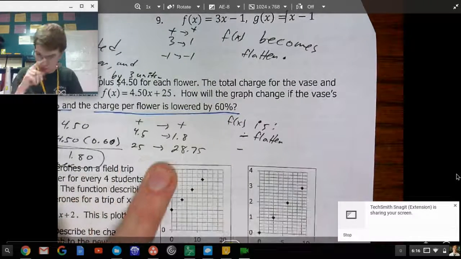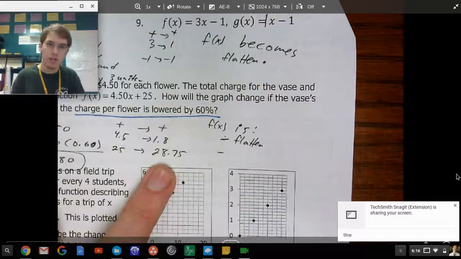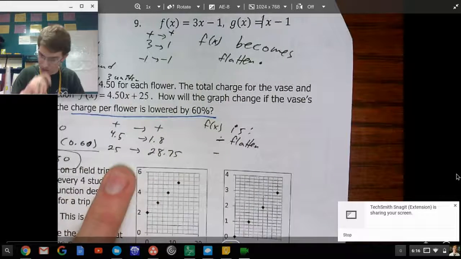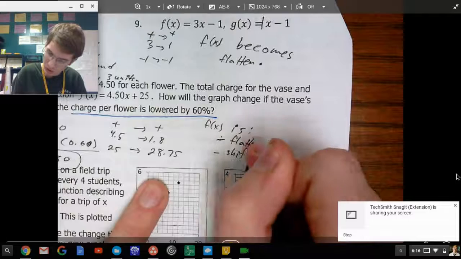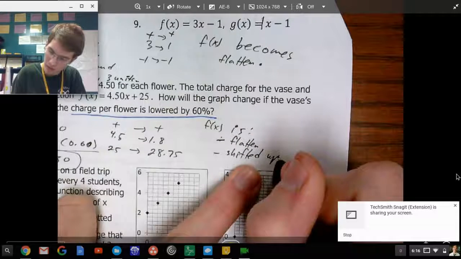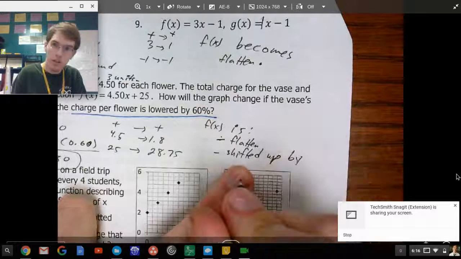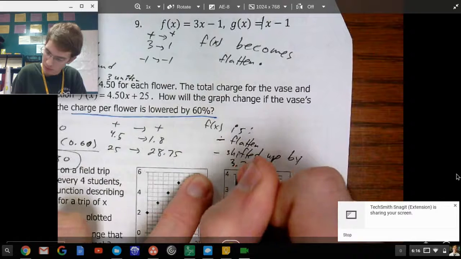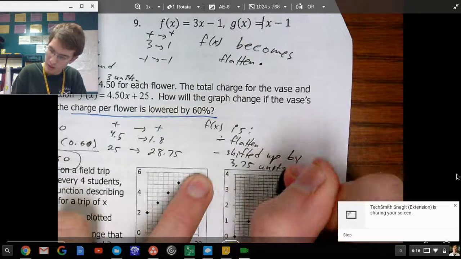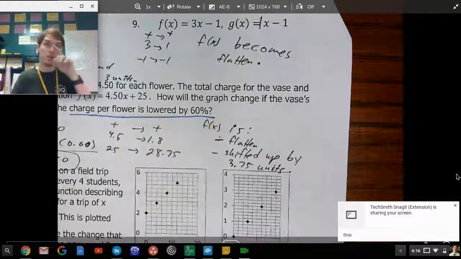And it also, this is the y-intercept. It is shifted up by 3.75 units. In this case, it's actually $3.75.